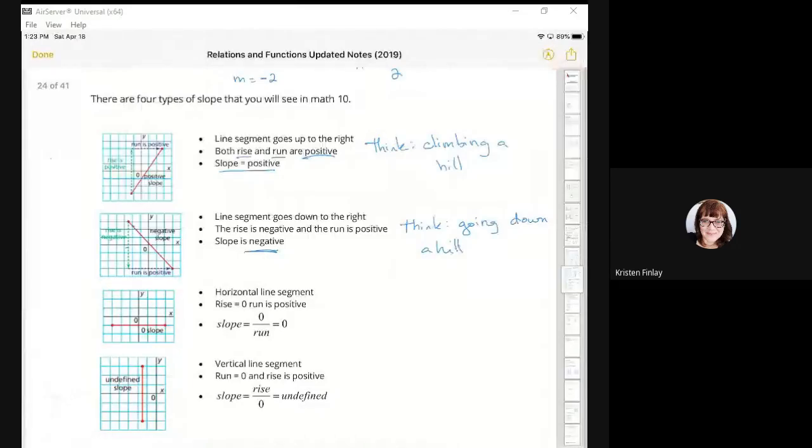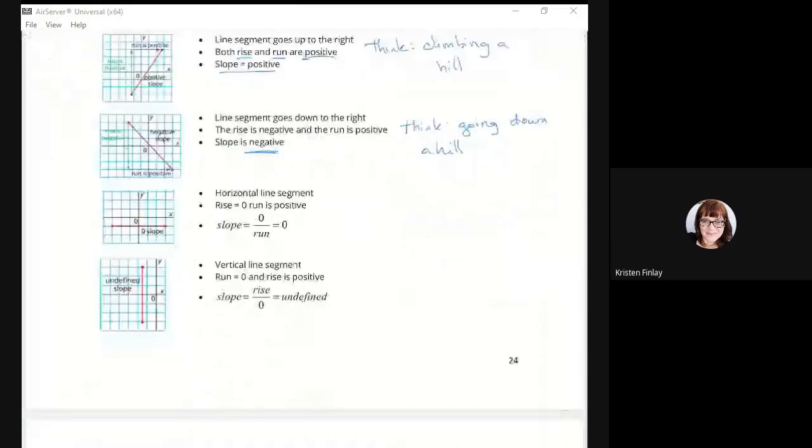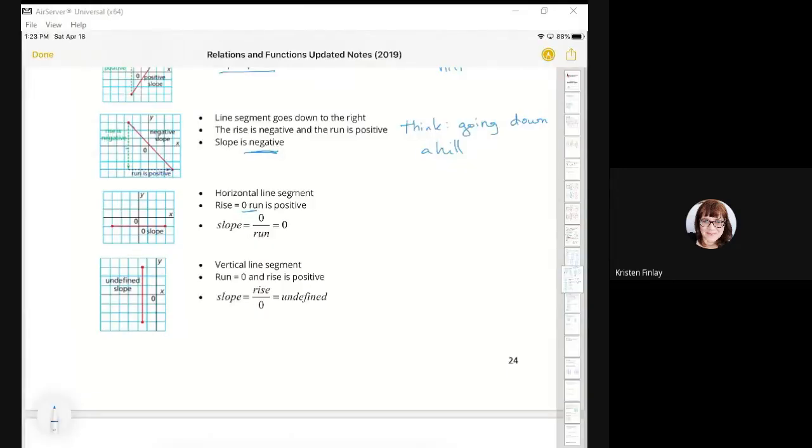Okay. Now we also have some other kinds of slope. We might have a slope in Math 10 where we have a nice horizontal line segment. So what we notice with this is the y doesn't change. y is always the same. So the rise is 0 and the run is positive. So no matter what x is, y is always the same.